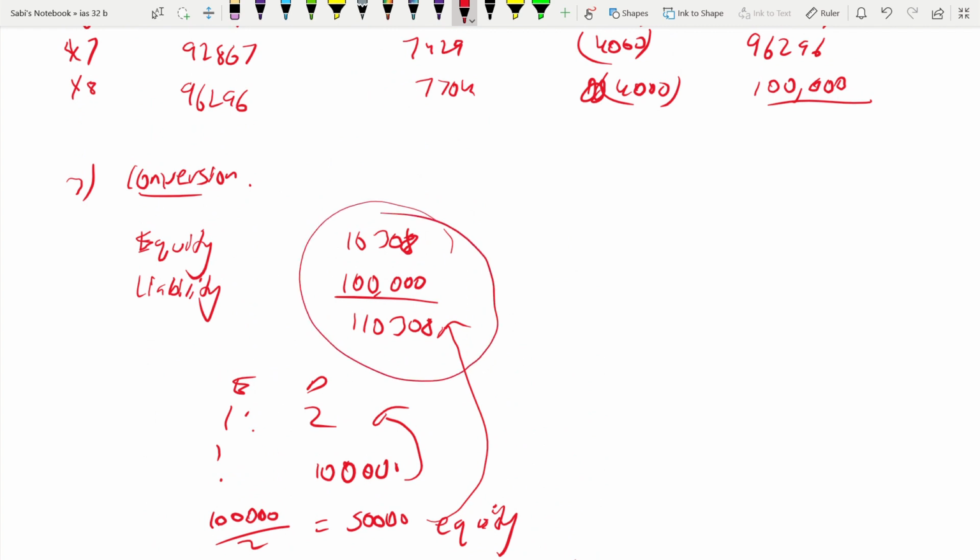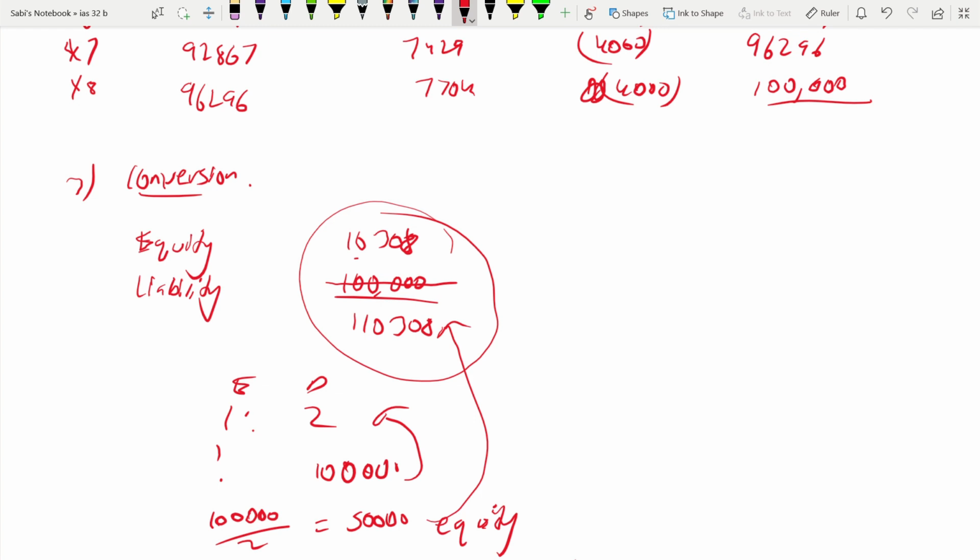On redemption, what happens? This 100,000 will be wiped off entirely because you are paying it by cash. But equity will remain. This equity 10,308 will remain. Equity will go because of the cash payment. That's it.